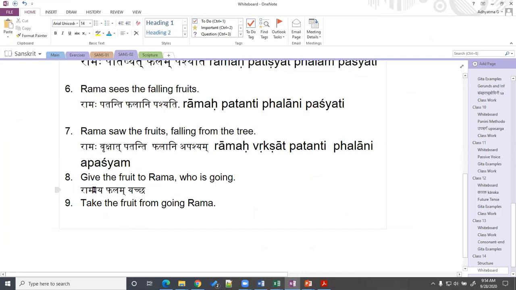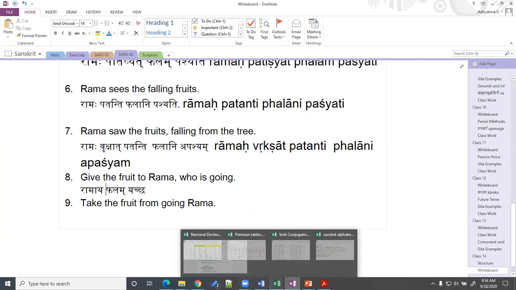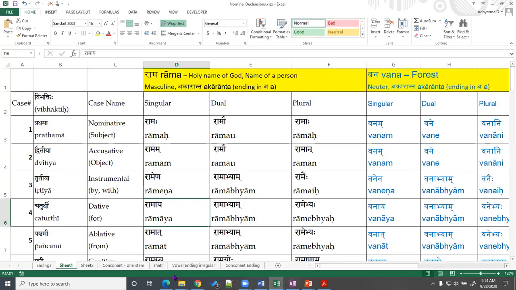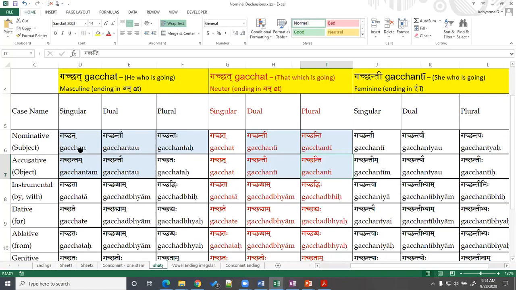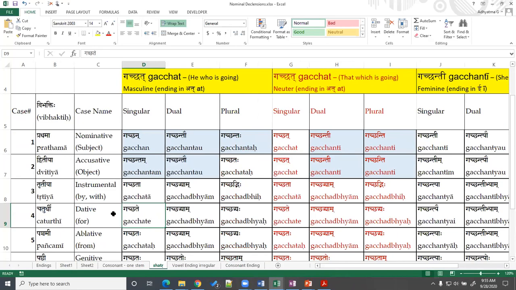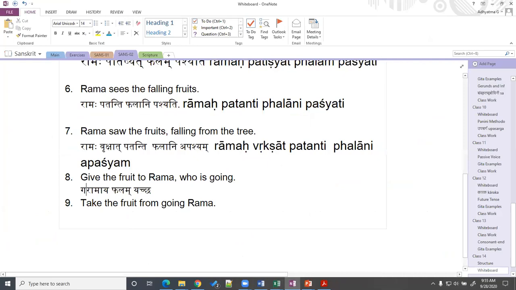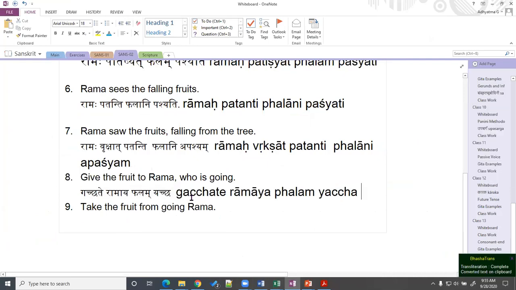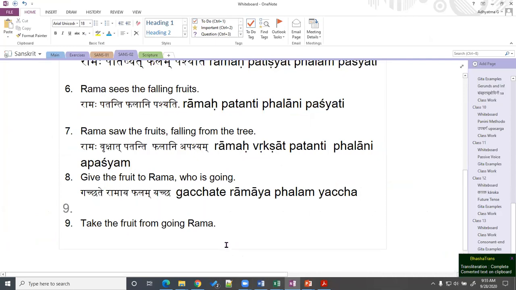And now, who is going is the participle here, and because this is an adjective for Rama, that also will become fourth case singular. The dative singular is gacchate. So gacchate Ramaya phalam yacha. That's what it would mean: give the fruit to Rama who is going.